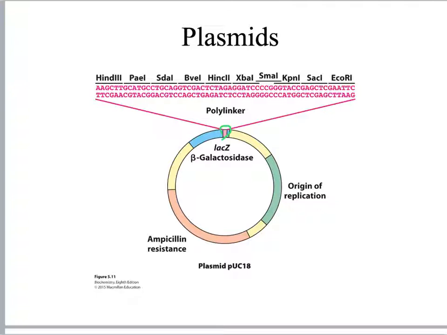This particular plasmid has a LacZ alpha gene, which encodes for the production of beta-galactosidase, an enzyme that allows for the cleavage of galactose, which is milk sugar. When we insert the DNA into this, we're changing the structure of this plasmid, and it's going to disrupt that natural process.